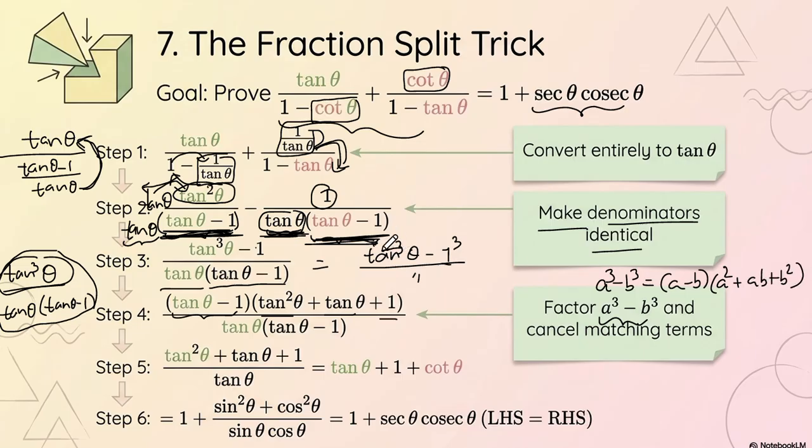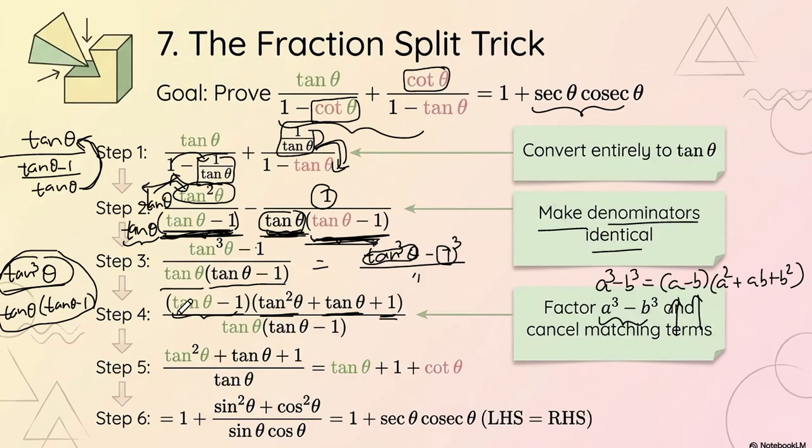In this case, a is nothing but tan theta and b is nothing but 1. So in this identity, instead of a we put tan theta, instead of b we put 1. So tan theta minus 1, inside the bracket tan square theta plus a into b, that is tan theta into 1, which is tan theta, plus b square, that is 1 square, which is 1. Denominator as it is.